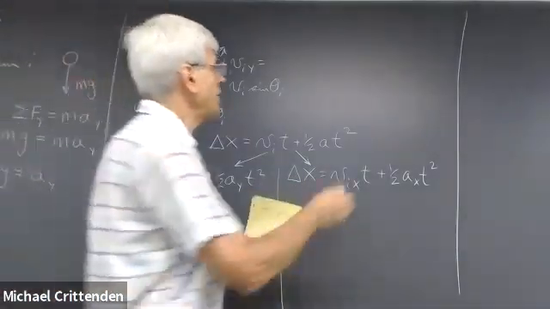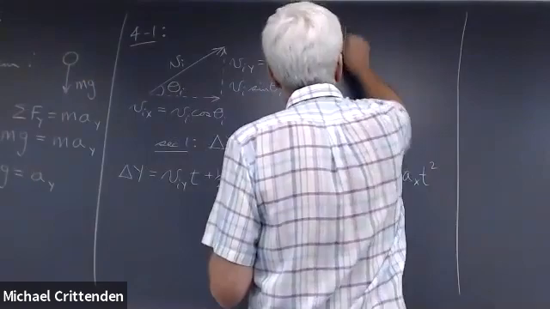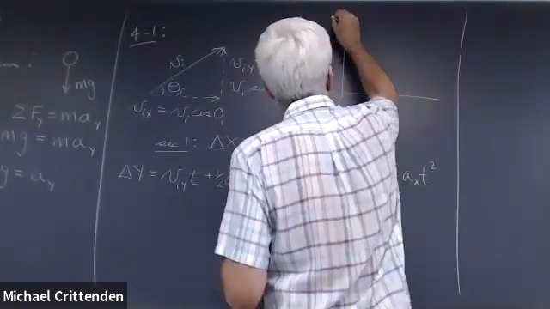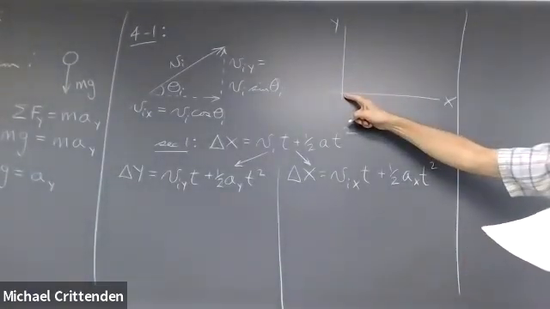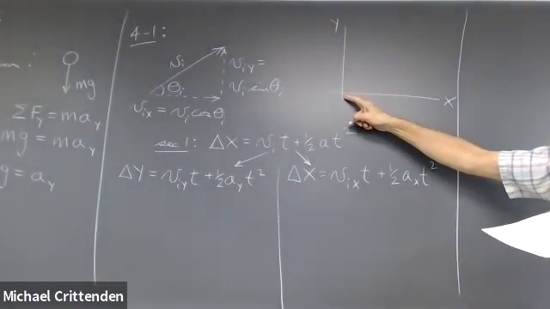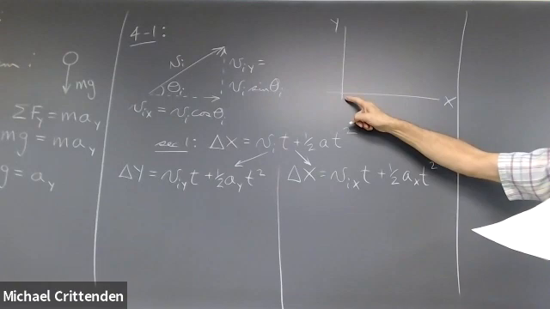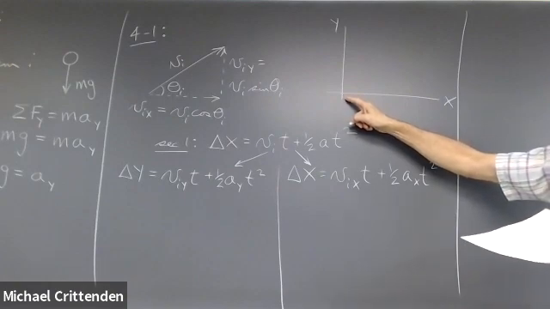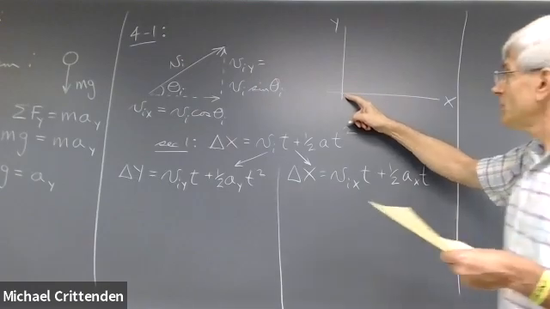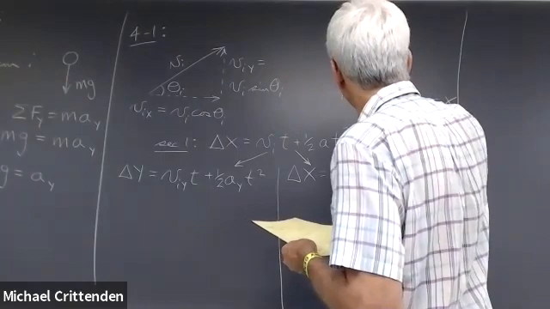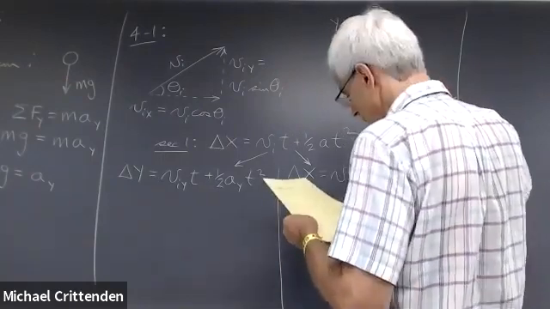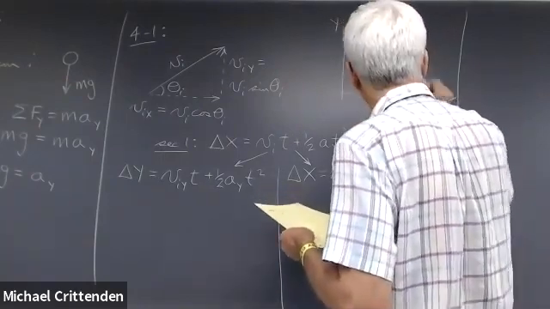Maybe I should put a little sketch over here in the corner. We're going to assume that the ball was thrown from the origin, because you can define the origin to be any place you want, and it's convenient that way. So the thing is thrown there, and it goes up in the air, and it comes back down over here.